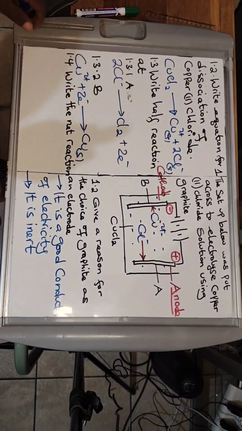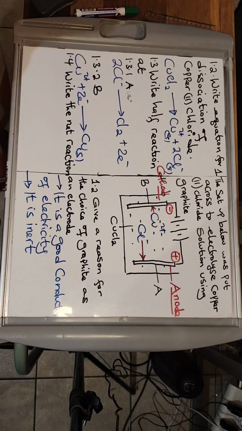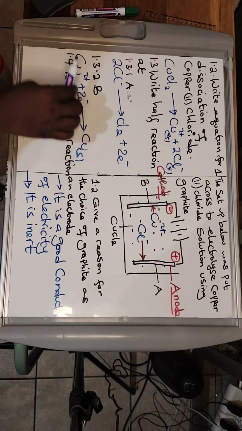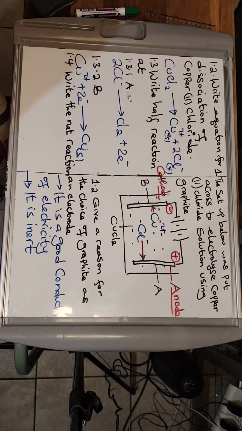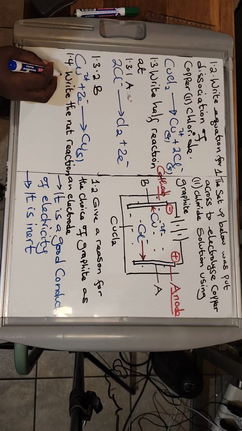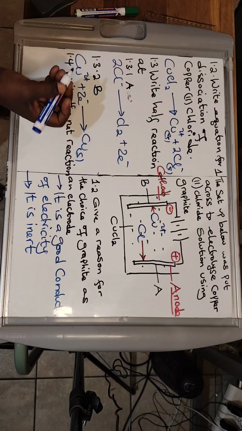Now, question 1.4.6 for the net reaction. The net reaction is made up of the summation of these two half cells, the one for oxidation and the other one for reduction. So when you look at these two half cells, what do we do?